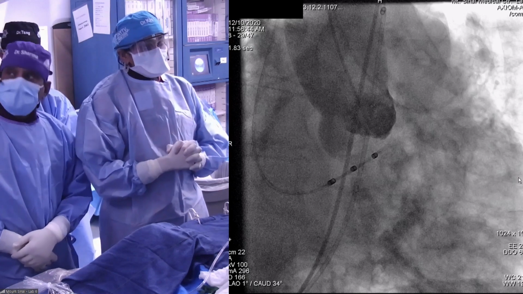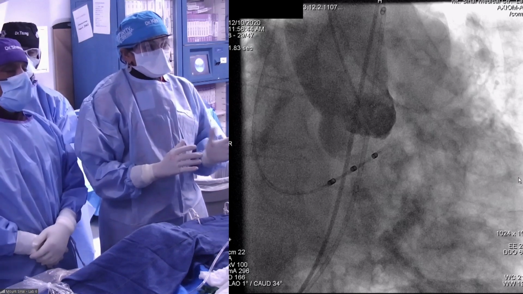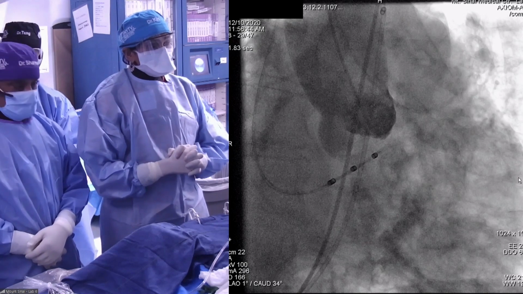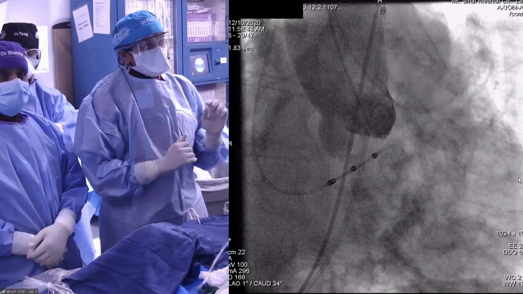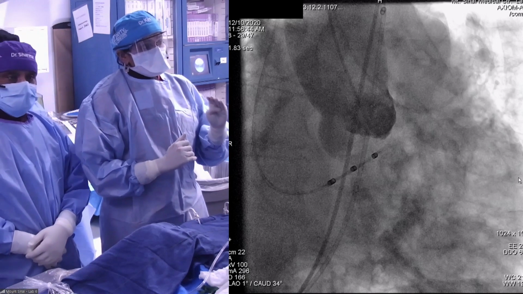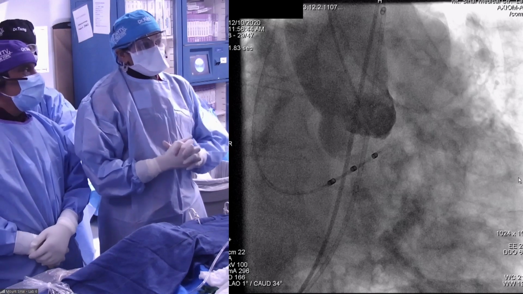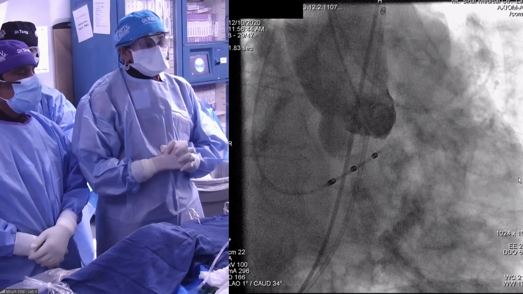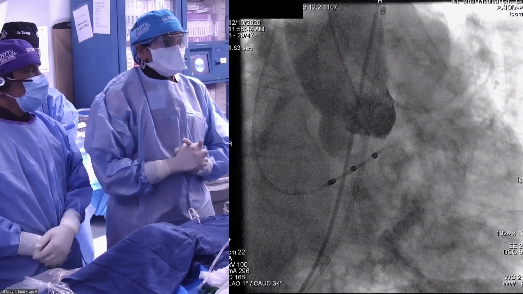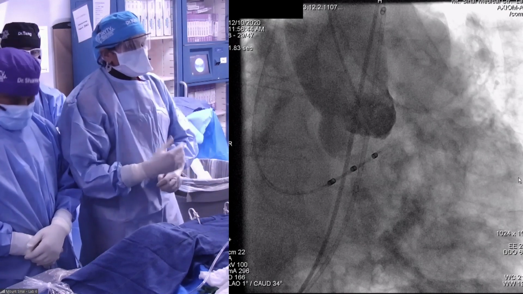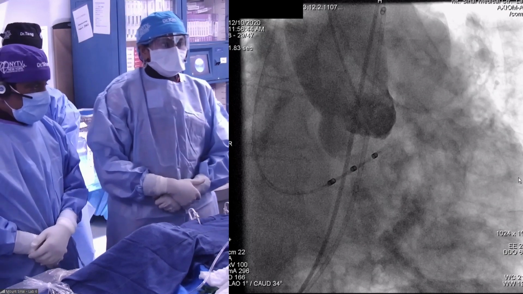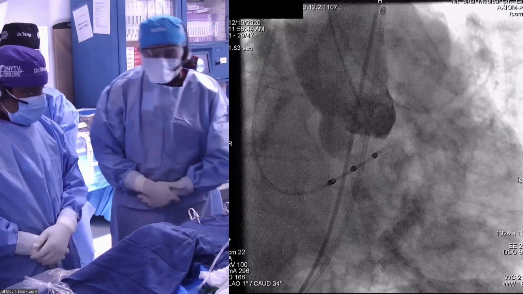So when we start releasing, we'll start in this cusp overlap view. The valve is just at the cusp of the non-coronary, which is the lowest, so you don't want to go lower than that. Then we will go to the LAO view just to confirm everything is okay, and that's the time we will release it. That is how we practically do that.